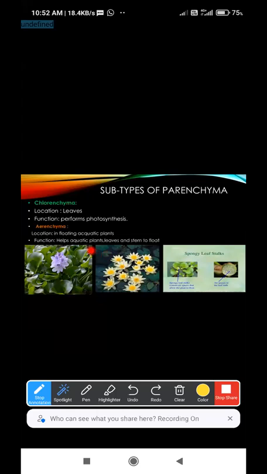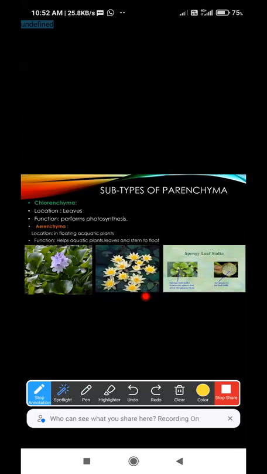Now, giving some examples of plants containing parenchyma. This is the Eichhornia plant. The stem of this plant contains the parenchyma cell. This is water lily, or even in lotus you get parenchyma.